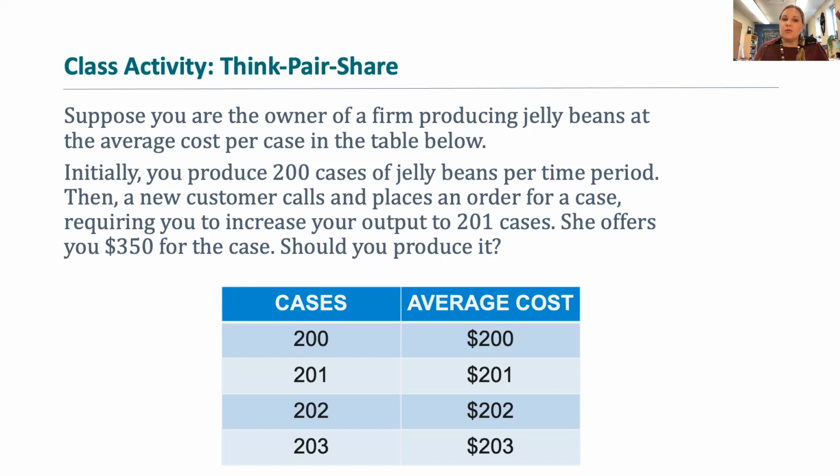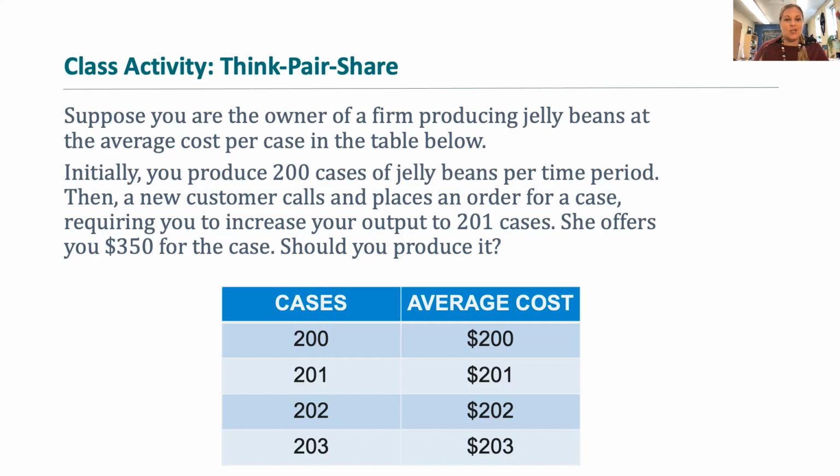And that requires you to up your output from 200 cases to 201 cases. She offers you $350 for that case. Should you produce it? If we only know average costs here, we've got to somehow take average costs and compare it or turn it into marginal costs.